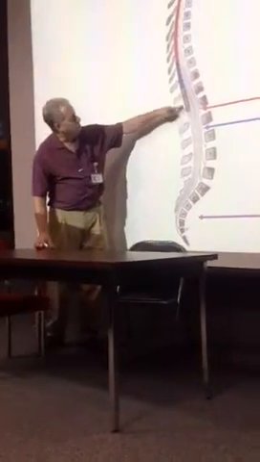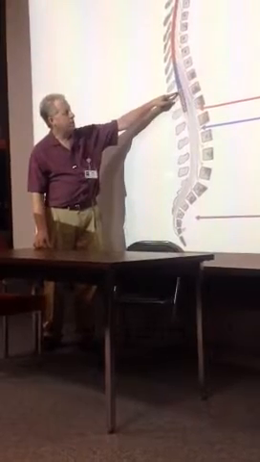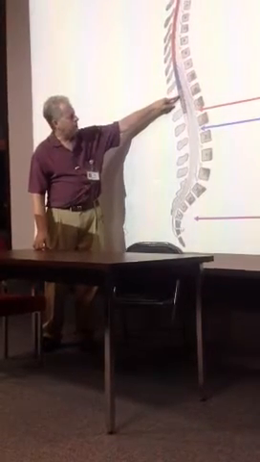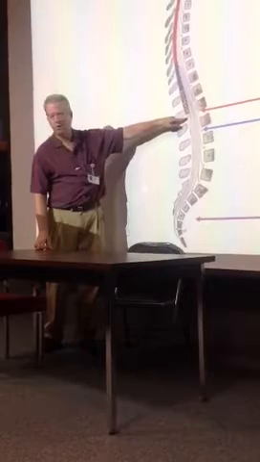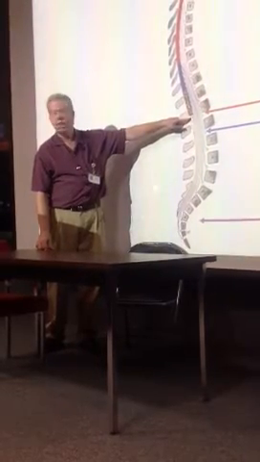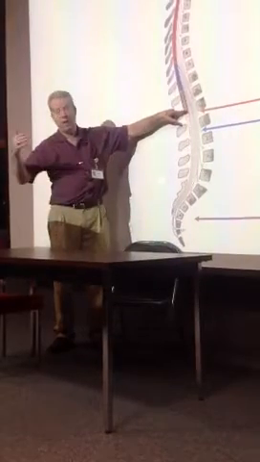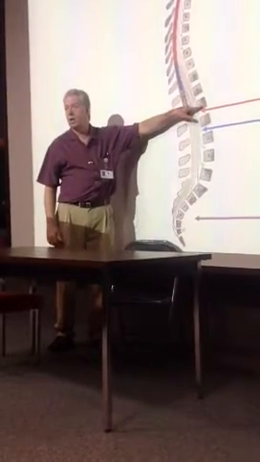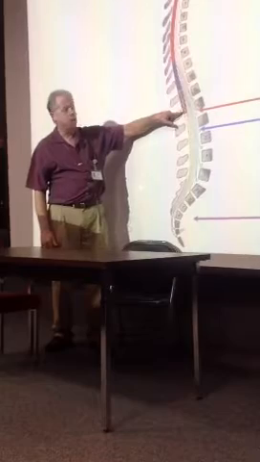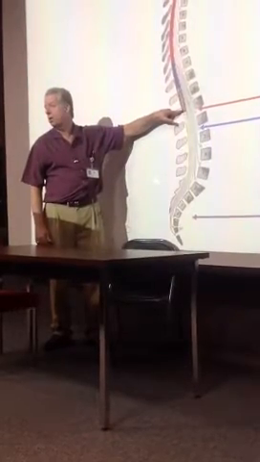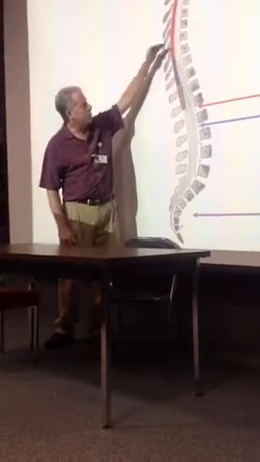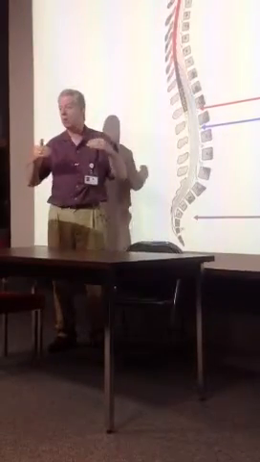But if you look at the cord here, it shows different things. Here's S1, S2, S3, S4, S5. Here's coccygeal 1, okay? So you can see that at L1, that's vertebral level L1, but spinal cord level, I'm sitting here at about S5. So the vertebral levels and the spinal cord levels don't match up.